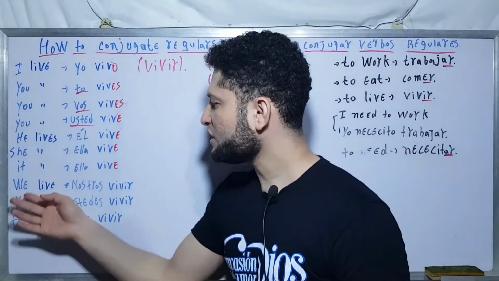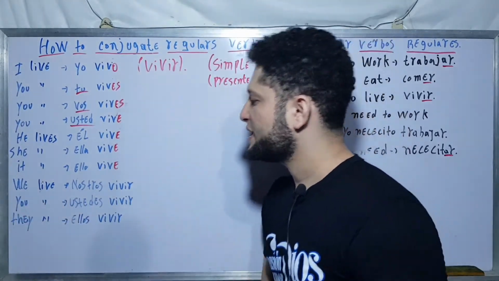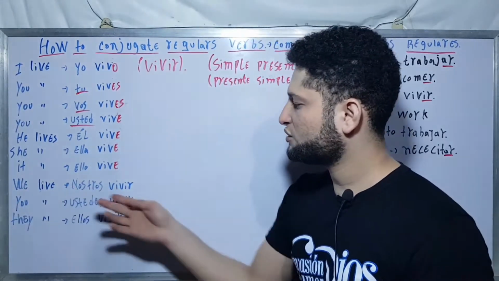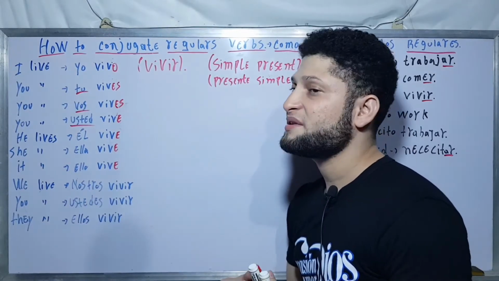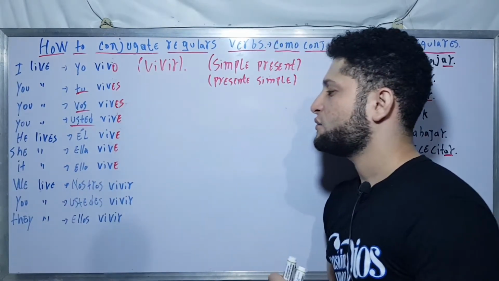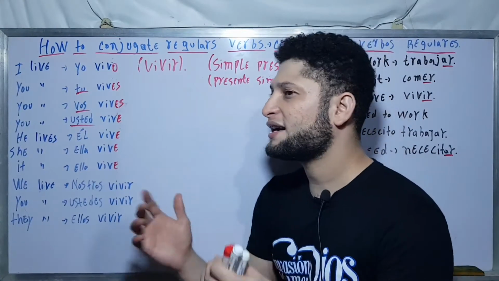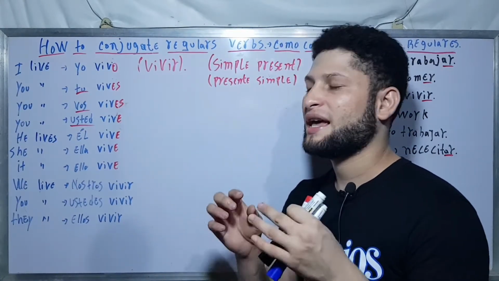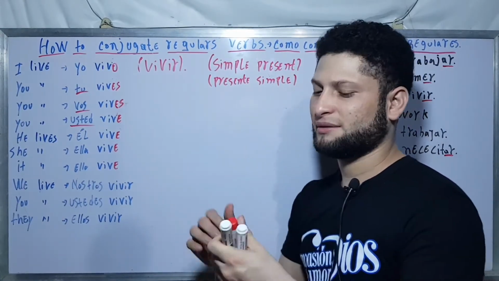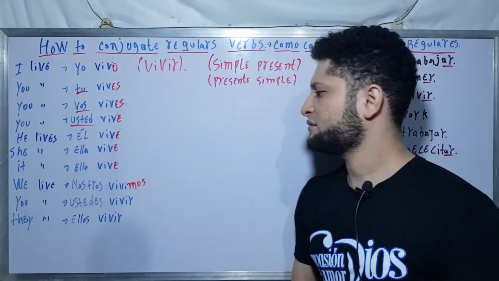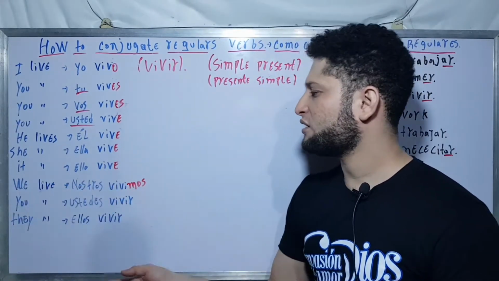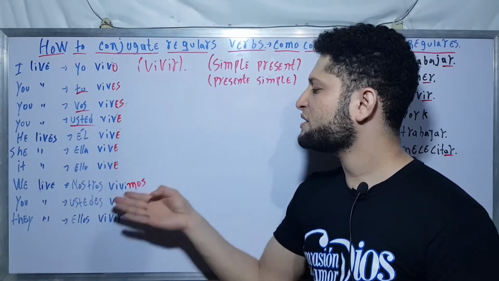Now, we live, nosotros vivimos. We need to remove the letter R and add, as always, MOS. As you see, we live, as always, nosotros vivimos.